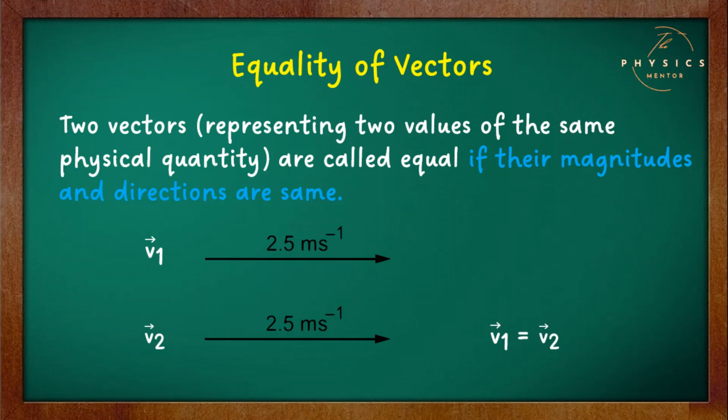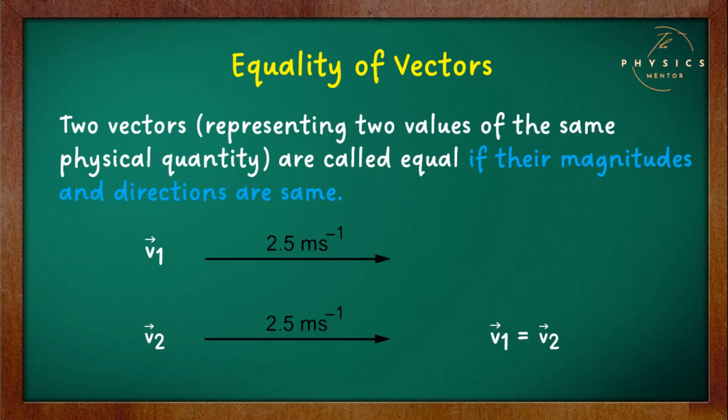Let us now consider the condition for equality of vectors. Two vectors representing two values of the same physical quantity are called equal if their magnitudes and directions are the same. In the figure, we have two velocity vectors, vector v1 and vector v2.